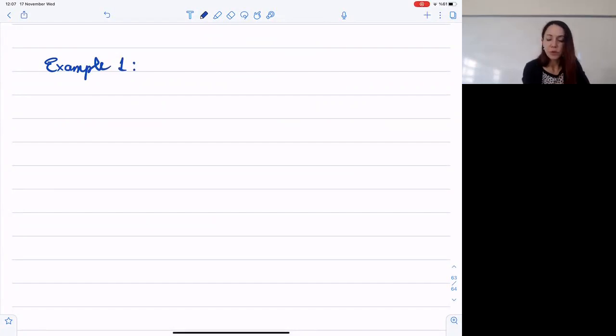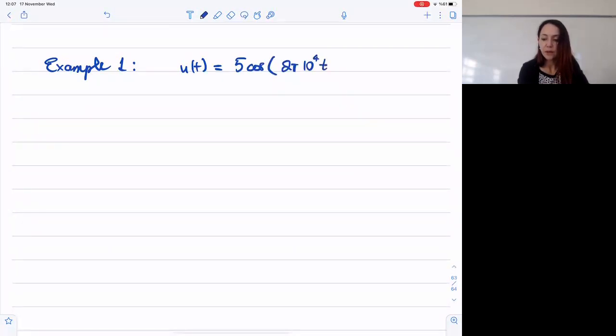Suppose you're given this signal, u of t equals 5 cosine 2 pi 10 to the 4 t plus 4 times 10 to the minus 3 sine 2 pi 10 to the 3 t.